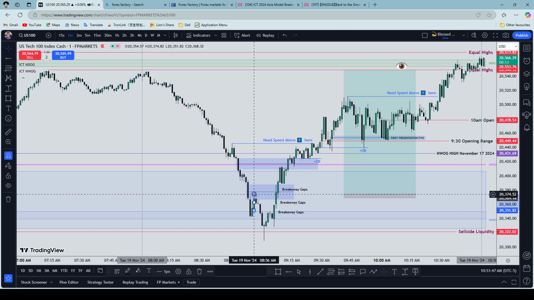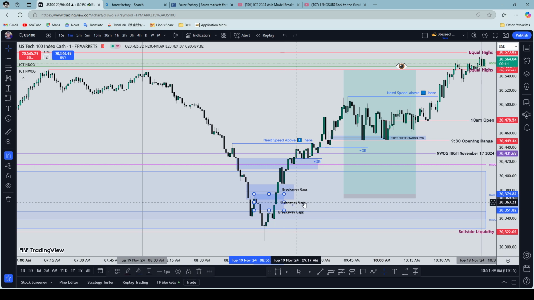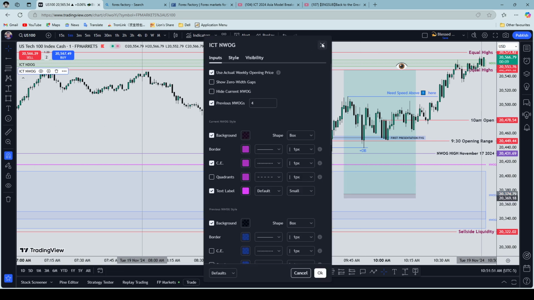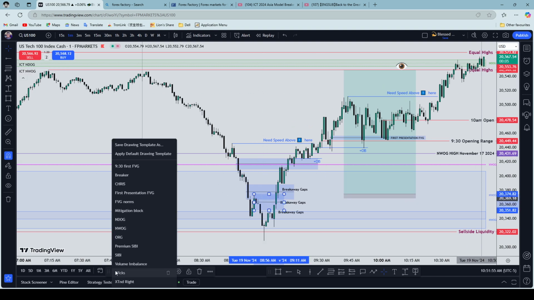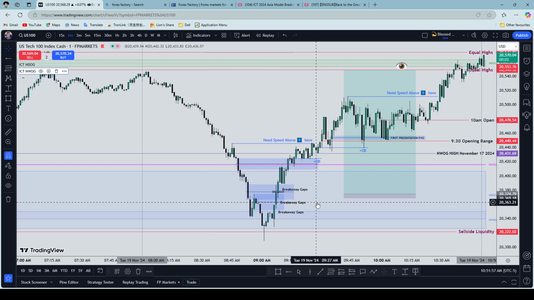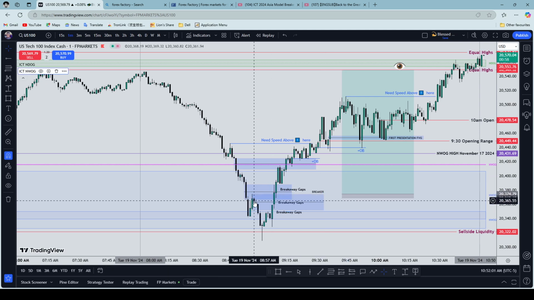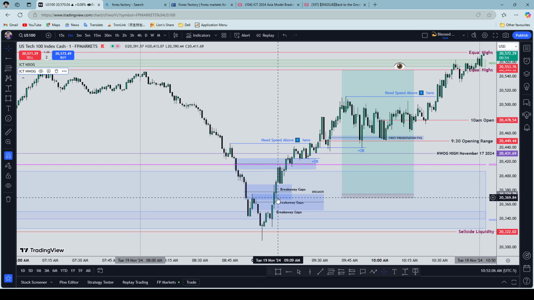And if you observe right here, what's going on with this? Okay, let's draw that out. After price traded above the breaker, price came to retest the breaker right here.